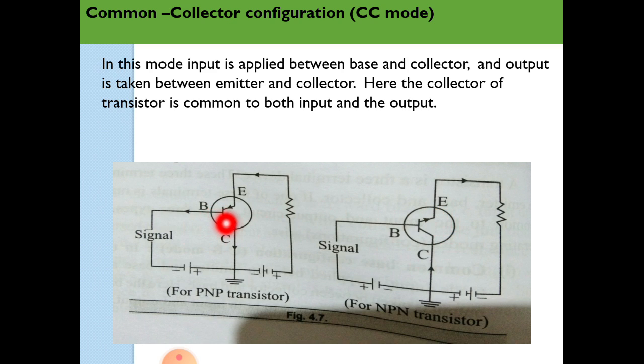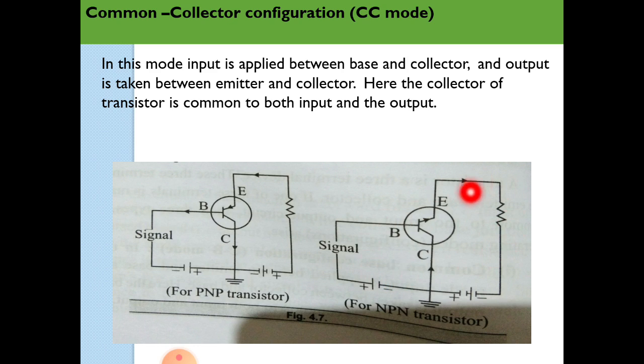Here also the collector terminal is common for both the input circuit and the output circuit. Hence it is neutral and grounded in this circuit diagram.